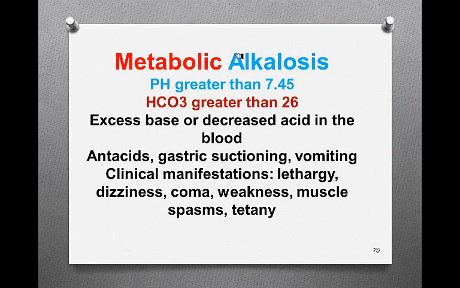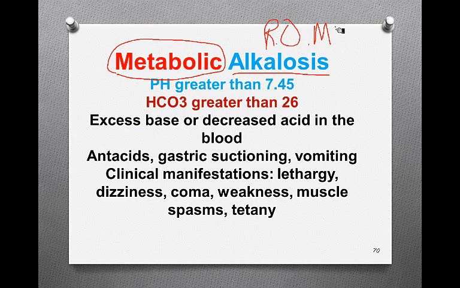Let's talk about metabolic alkalosis. So it's metabolic, we know it's the kidneys, and we know it's all about the bicarb. And alkalosis, respiratory opposite, metabolic equal. So the pH is high, so is the bicarb. You have excess base or decreased acid in the blood.